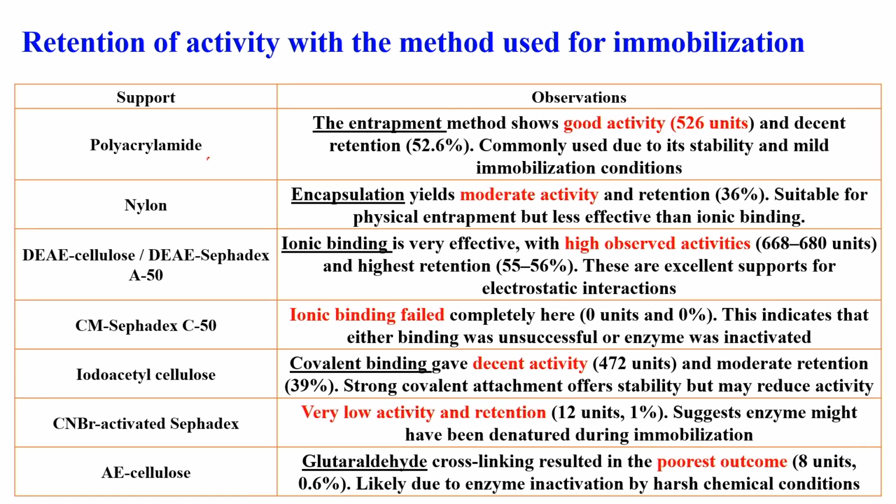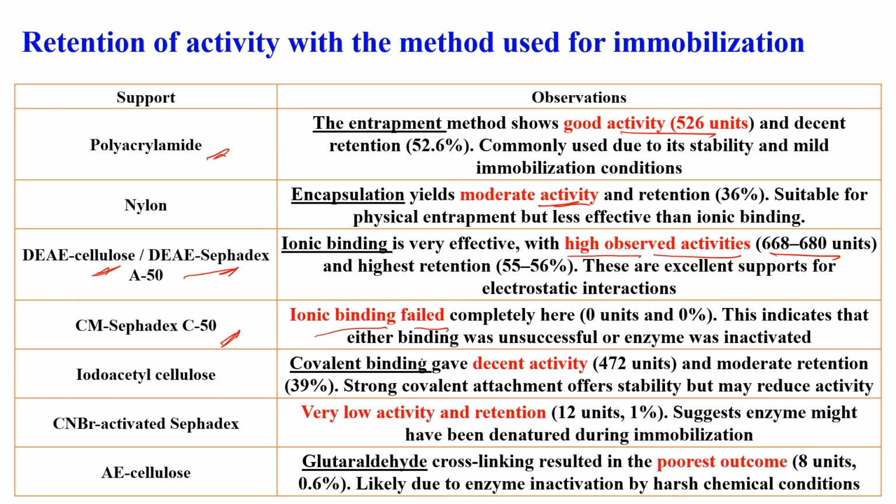So, here you can see the summary. This polyacrylamide shows good activity, 526 units. Nylon shows moderate activity, and particularly this DEAE cellulose and DEAE Sephadex resulted in high observed activity, 660 to 680 units. And interestingly, this CM Sephadex C50, this ionic binding failed completely.